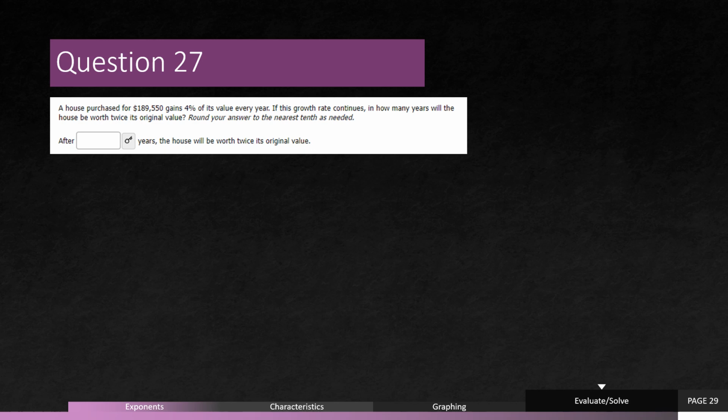So the first thing we want to do is analyze what we know. And we know the initial value. And we know that it is gaining at 4%, so b is going to be 1.04. So the equation to model that house, we can put that into F1, and that's going to be 189,550 times 1.04 to the x.